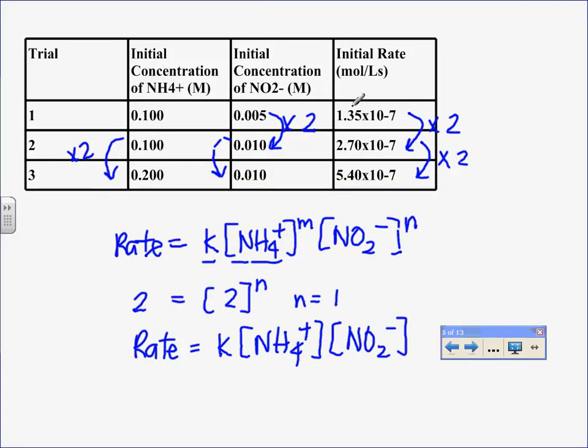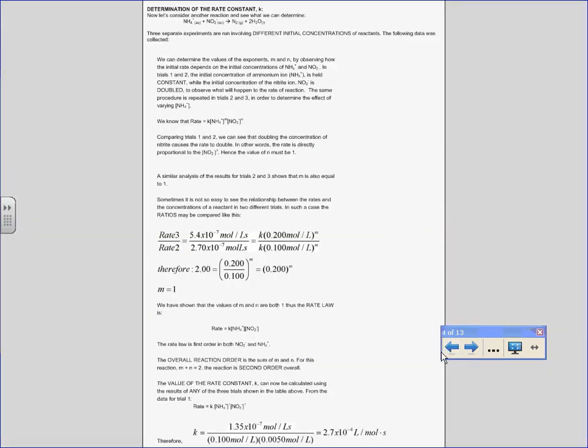In this case, we take our data from trial 1 and sub that into the rate law. So we know the rate, we know the concentration of NH4+, we know the concentration of NO2-. We can simply rearrange this equation in order to solve for k, the rate constant. And the rate constant here is 2.7 times 10 to the negative 4.